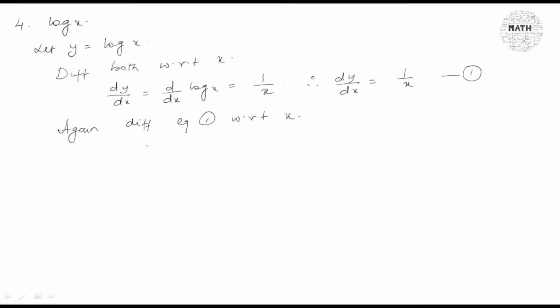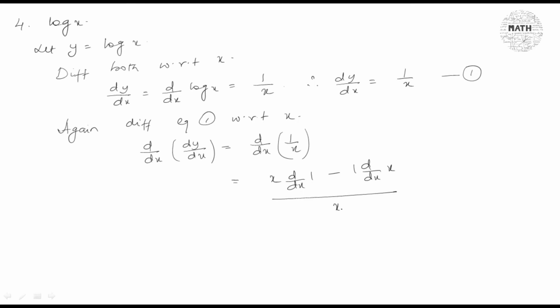If I differentiate equation 1 with respect to x, I'll get here d by dx of dy by dx is equal to d by dx of 1 by x. So in short, I have to use the quotient rule. That will be nothing more than x d by dx of 1 minus 1 d by dx of x divided by x square.